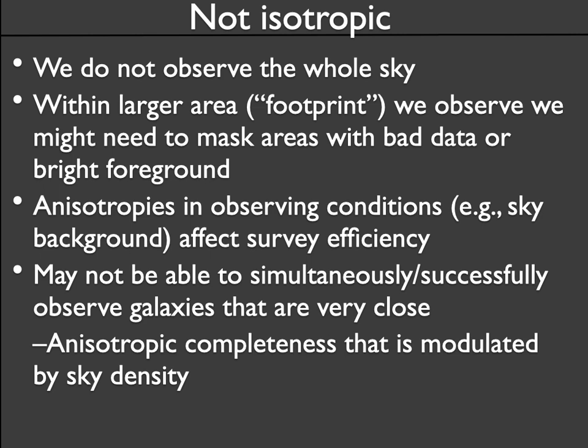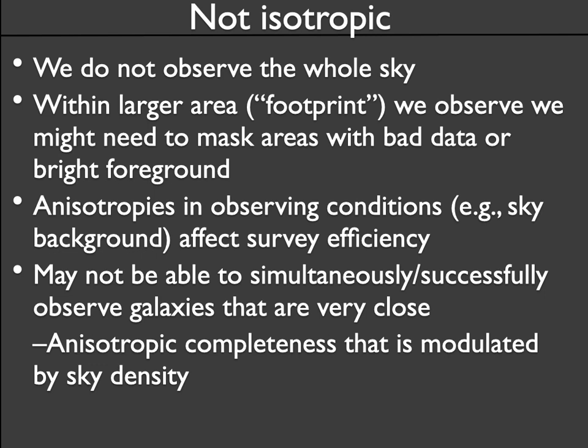So first is just clearly we have not uniformly covered the whole sky with any of our surveys, and even within the area that we cover, we're going to have to mask regions where we have bad data or bright foregrounds.